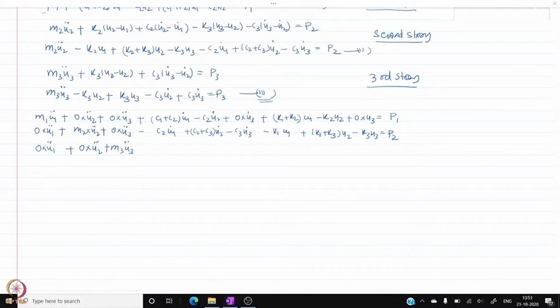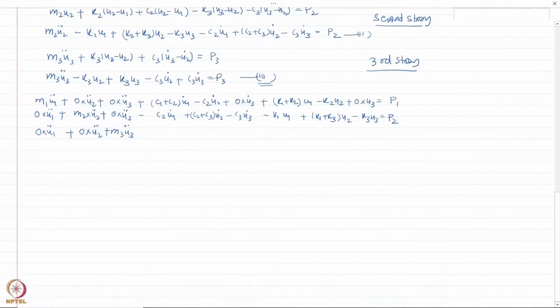Then there are no terms for the u1 dot, so it would be 0 u1 dot minus C3 u2 dot plus C3 u3 dot. Similarly, the stiffness terms can be written as 0 times u1 minus K3 times u2 plus K3 times u3, and this is equal to P3.